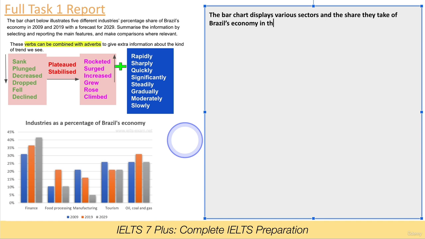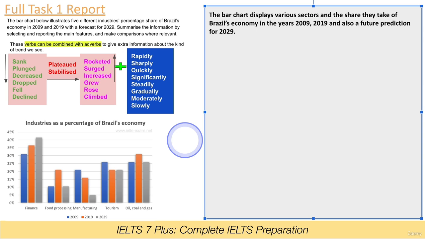Economy in the years 2009, 2019, and also a future prediction for 2029.